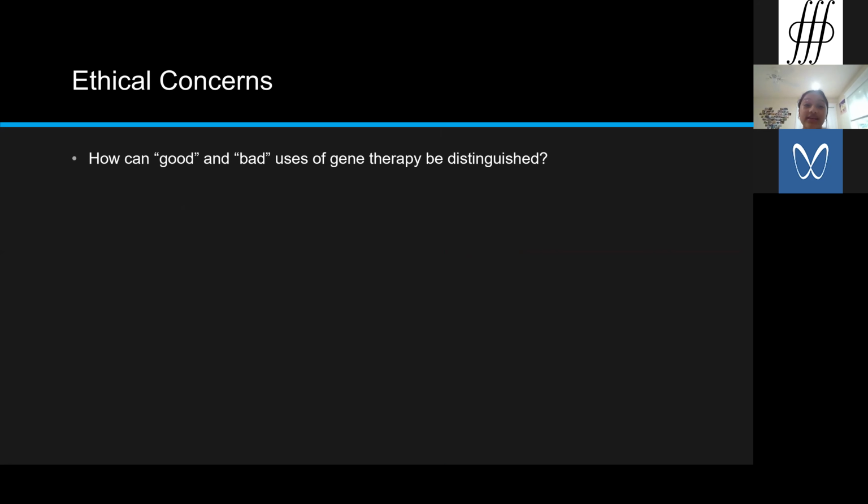The first one is, how can good and bad uses of gene therapy be distinguished? So that's basically who's going to draw the line between good and bad and whether it should be used for this purpose or not, right? And if it gets into the hands of the wrong person, that would not result well. So just determining the uses of gene therapy.